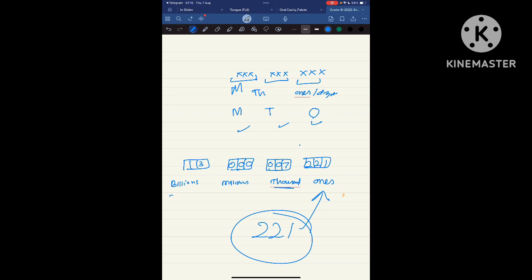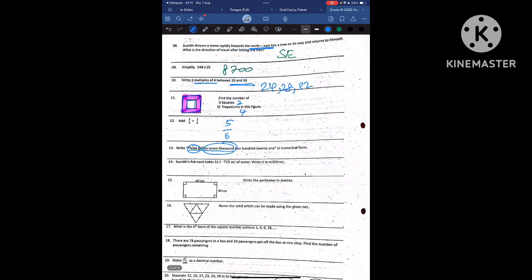Now how to write this number? 3, 0, 0, 0, 0, 0, 7, 2, 2, 1. No need to write commas: 3,000,007,221.